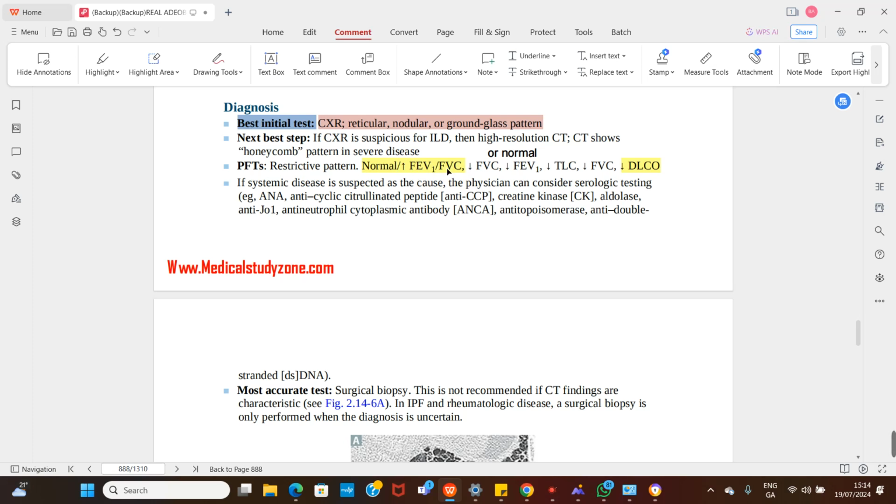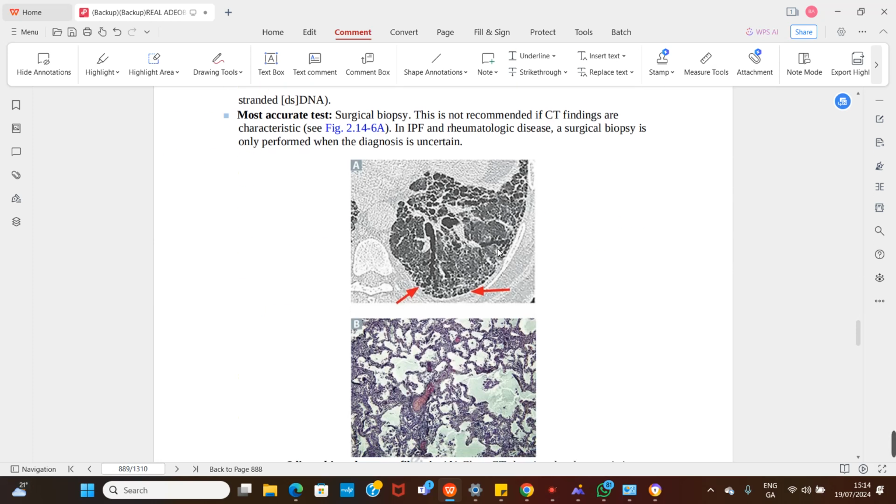We already know the cause: exposure related, connective tissue or systemic disease related, or idiopathic. Exposure related: oxygen, asbestosis, silicosis, drugs. Systemic disease related: dermatomyositis, polymyositis, sarcoidosis, amyloidosis, just investigate along. We know the investigation already.